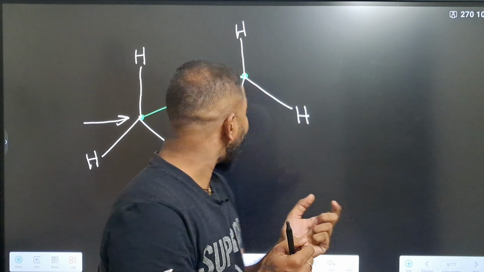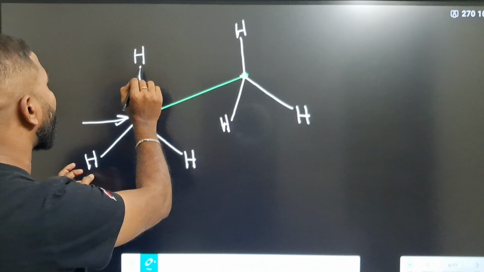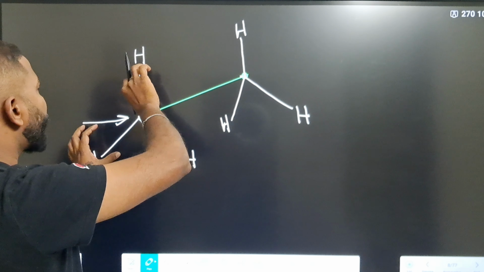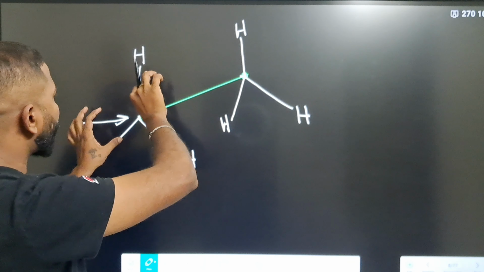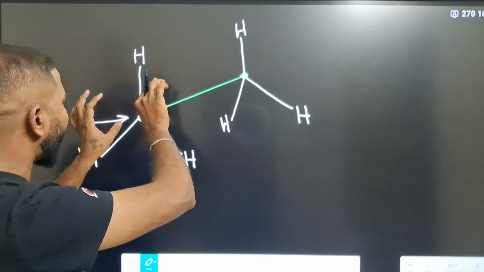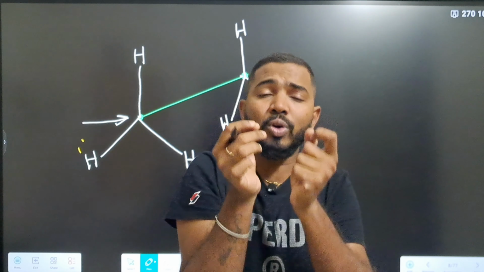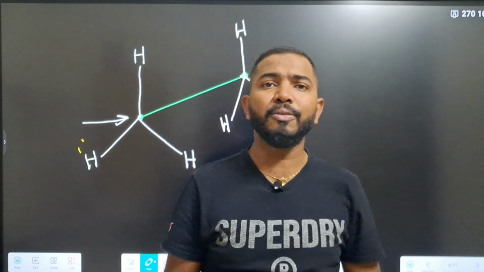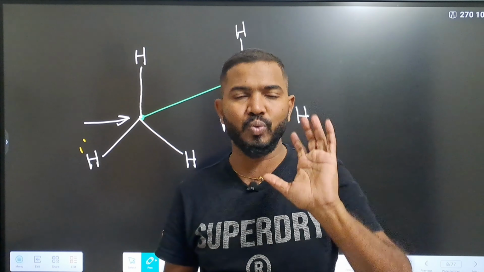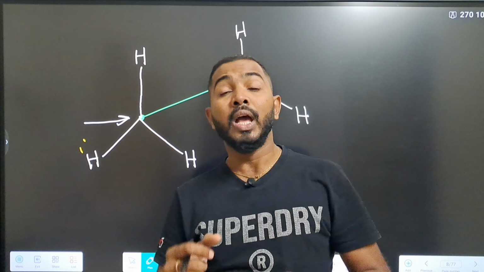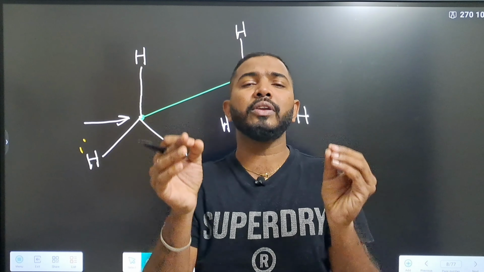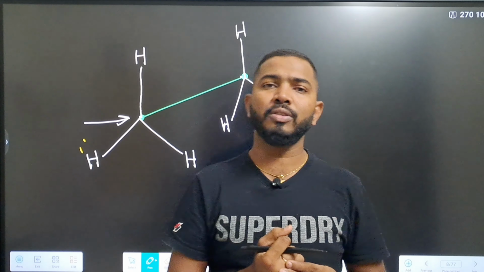Now if you take these 3 hydrogens and make some rotations, at every rotation you are going to get different orientations, which we call conformations. So ultimately we are going to get an infinite number of conformations for ethane.